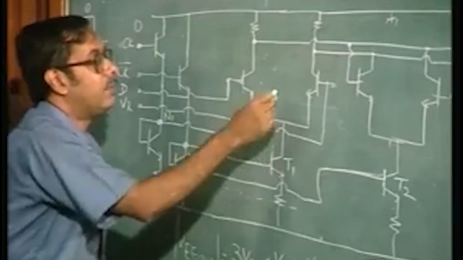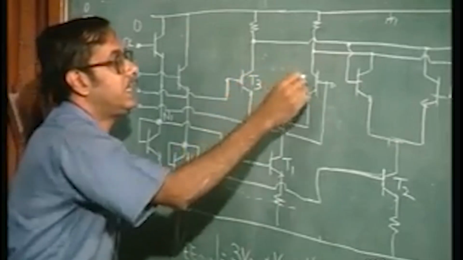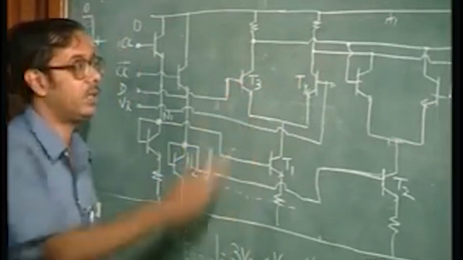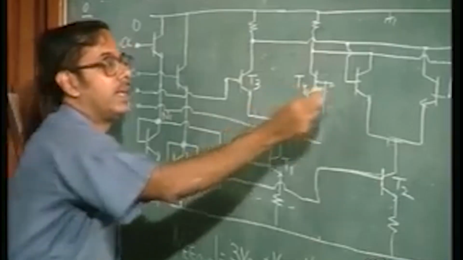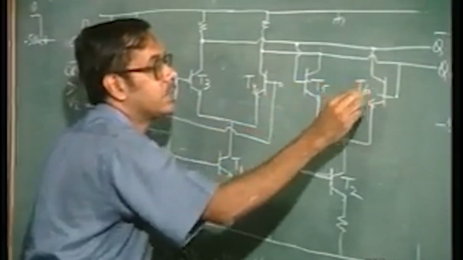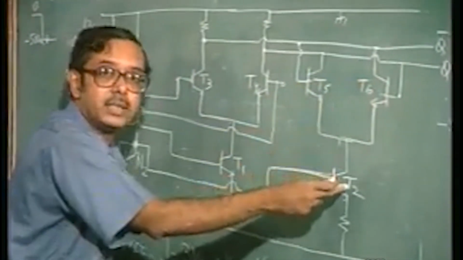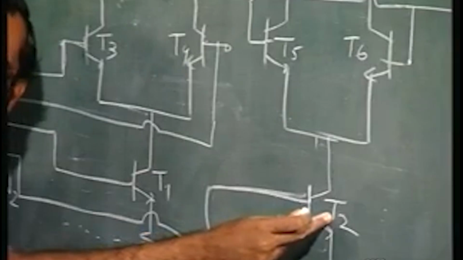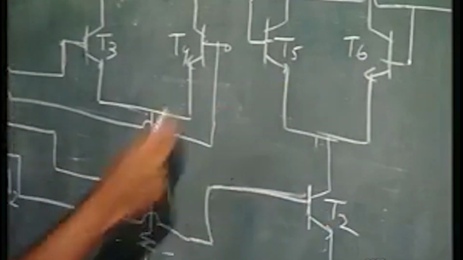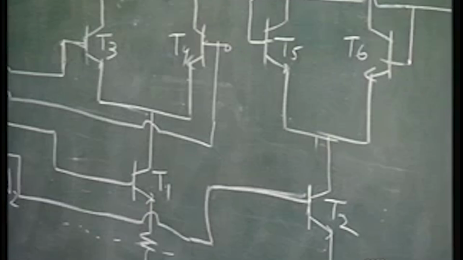That is how transistors T3 and T4 can be on, whereas T5 and T6 will be off because T2 is carrying very little current. So T5 and T6 will remain off, T3 and T4 will be on.